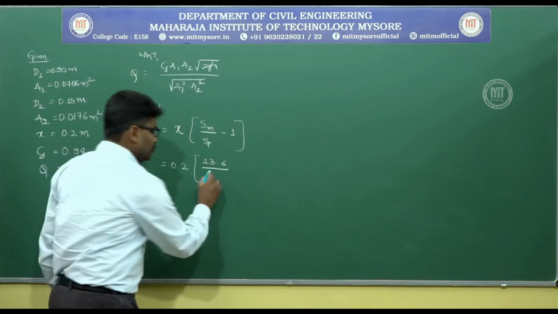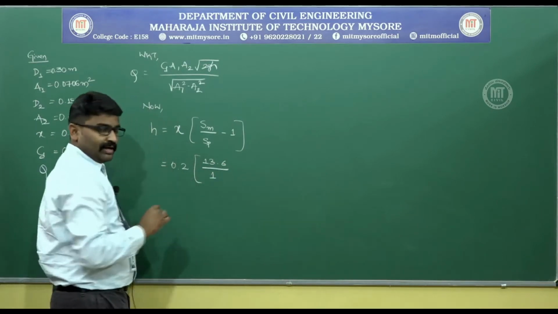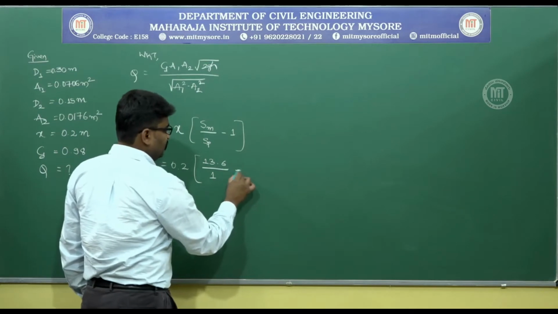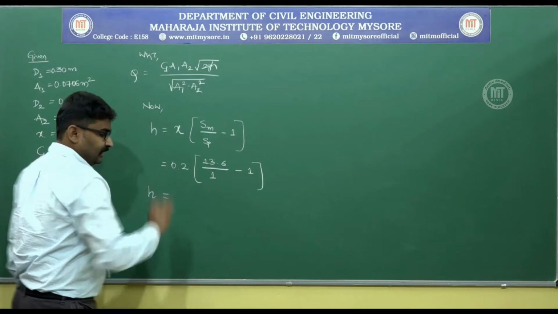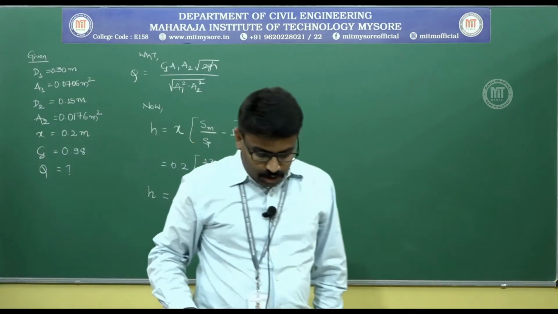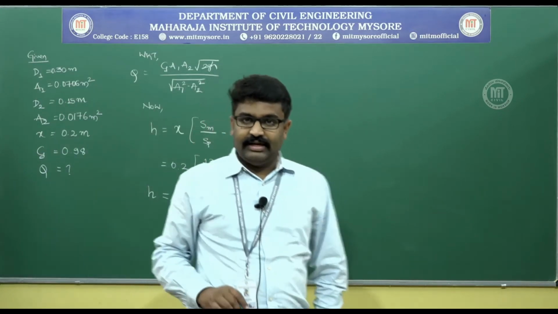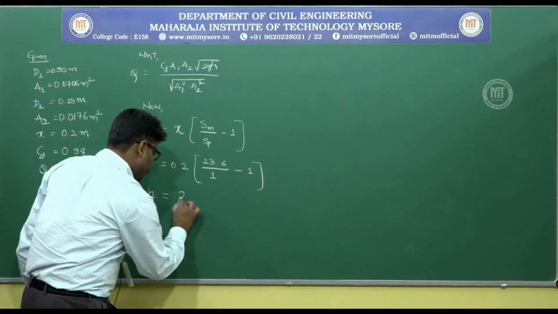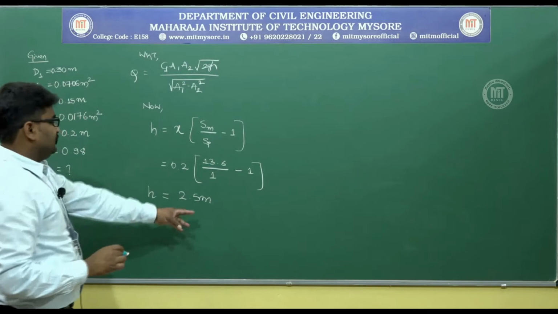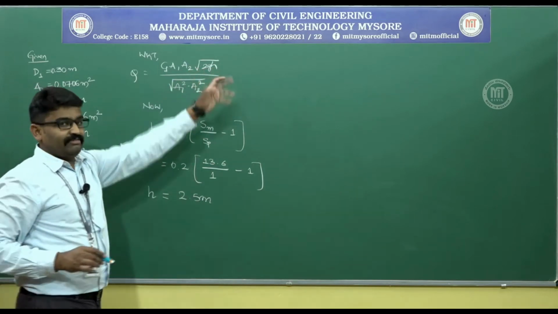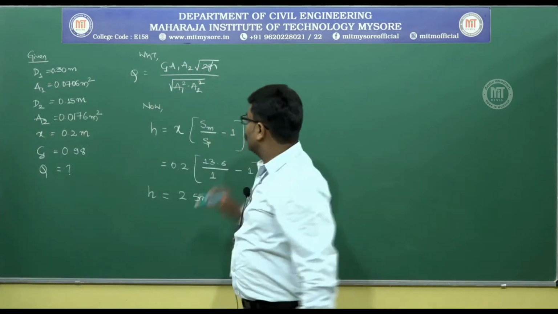Water is flowing, so the specific gravity of water is 1. So 13.6 divided by 1 minus 1. You will have H equal to 2.5 meters. Put this 2.5 meters in the equation and you will find Q.